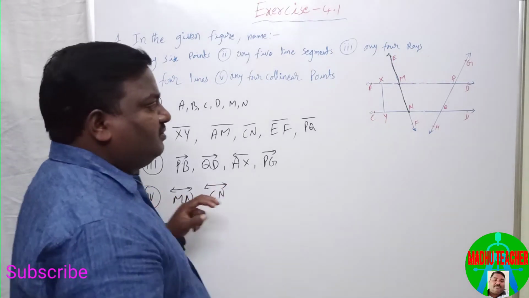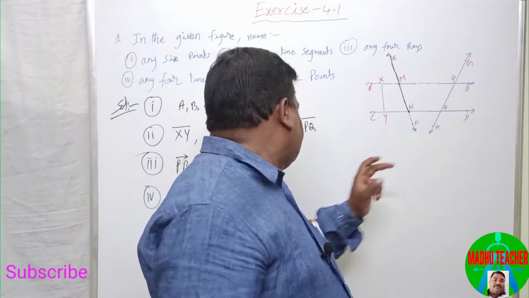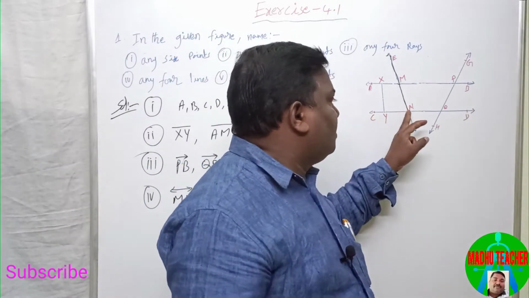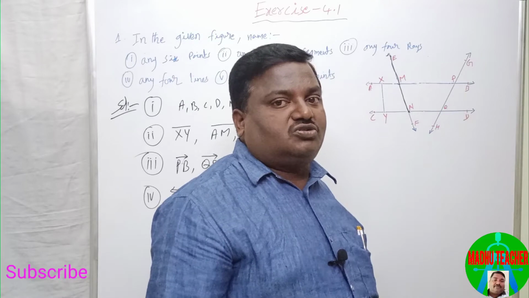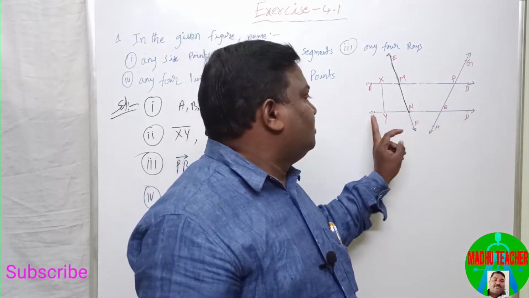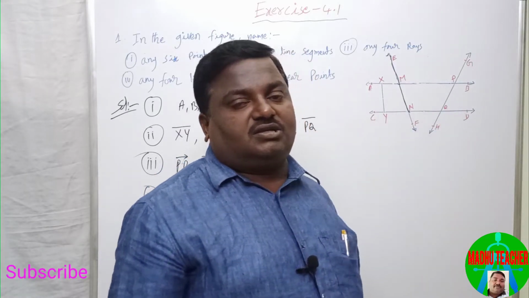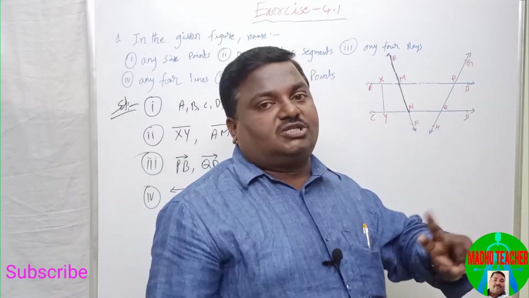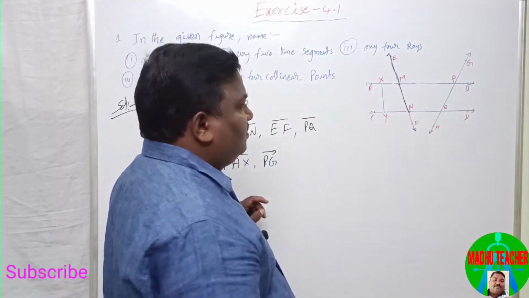Both are the same. CD line denotes this total line, and CN line is also the same. CN and CD lines are the same, but CN and CD line segments are different.